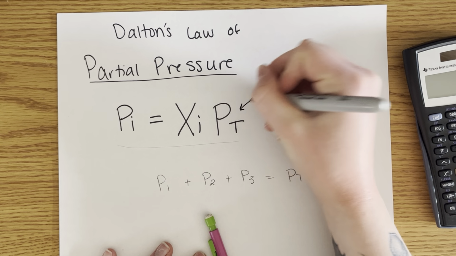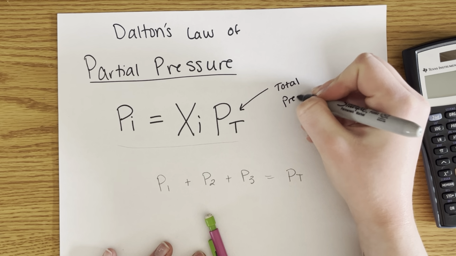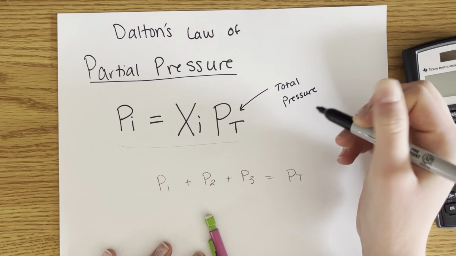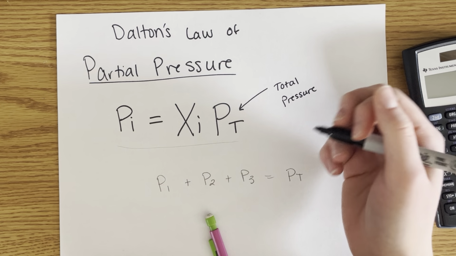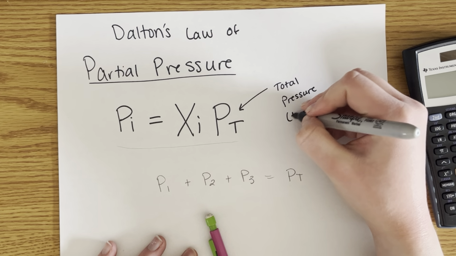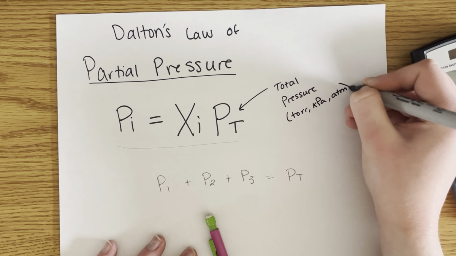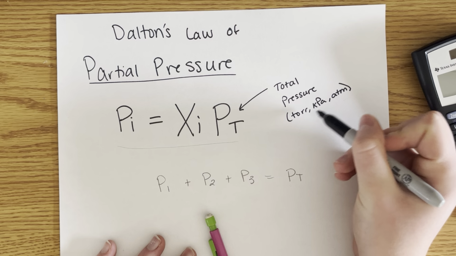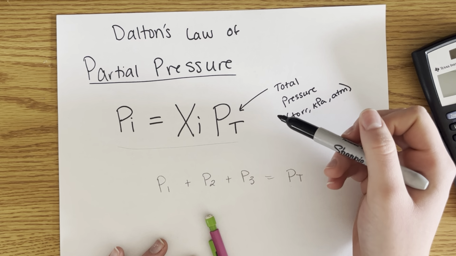We already introduced it down here. This is your total pressure. This is normally going to be given to you in the problem, but it'll be in torr, it'll be in kilopascals. We can just write that down. It could be in atmospheres. For this, you're definitely going to want to know your labels so you know that this is going to be your total pressure.